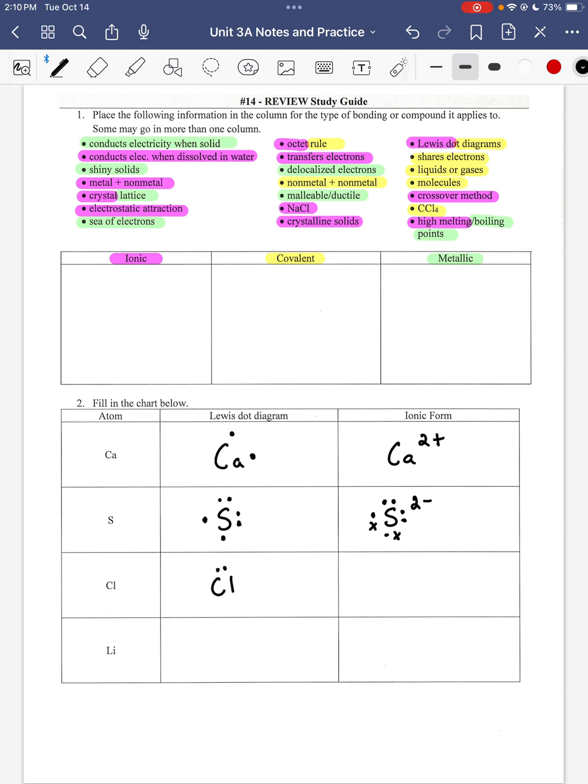Chlorine has 7 valence electrons in its base state, and when it ionizes, it is going to gain 1 more electron to form Cl1-. Lithium has 1 valence electron. When it ionizes, it will lose that to form Li1+.